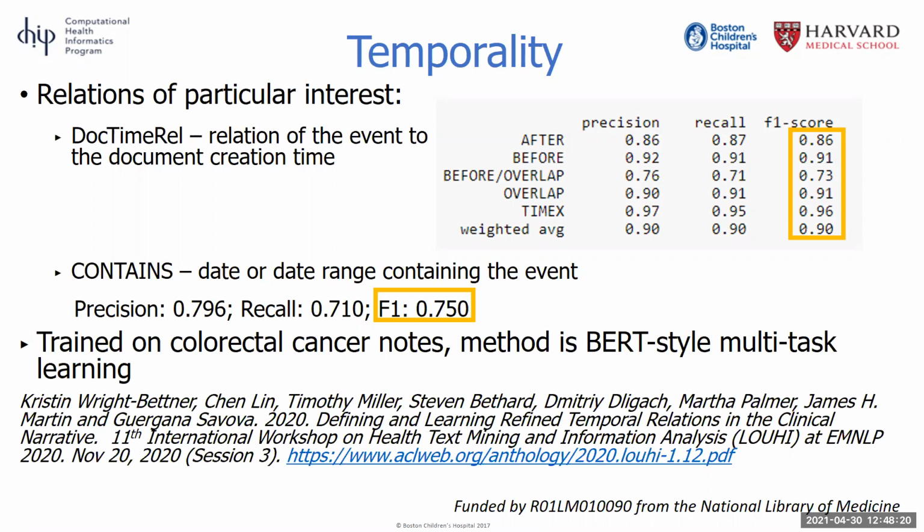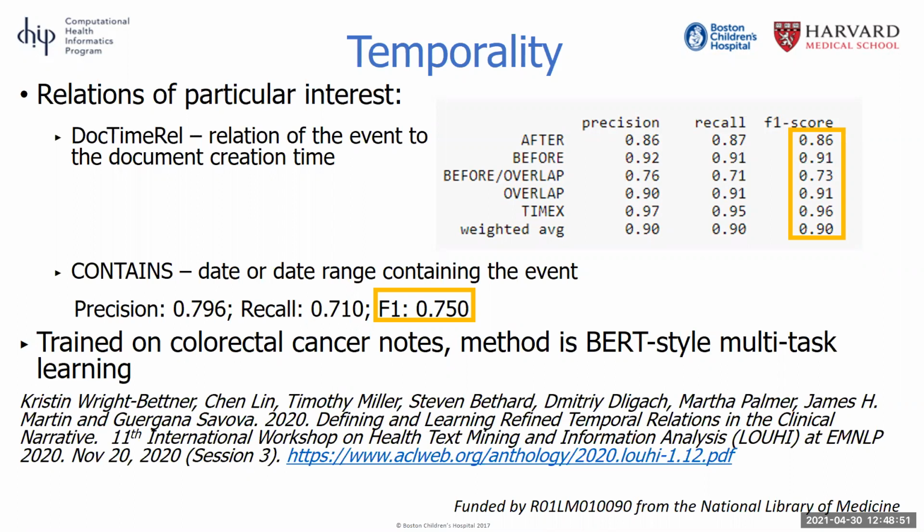We published last year a paper that uses BERT-style multitask learning for temporal relation extraction, and I'm providing the reference. And we just got accepted to present our research on a very novel method for entity masking for pre-training and training transformer models.